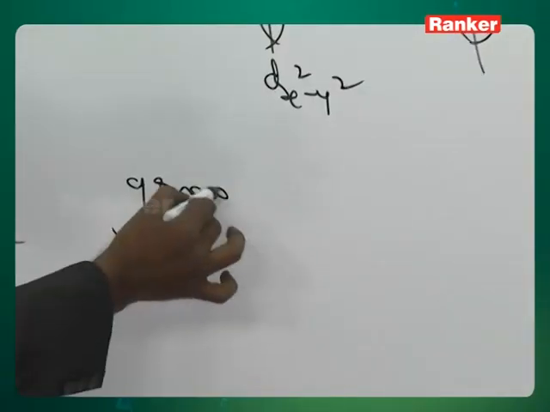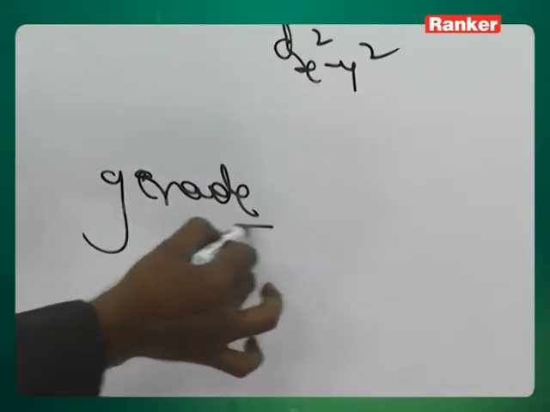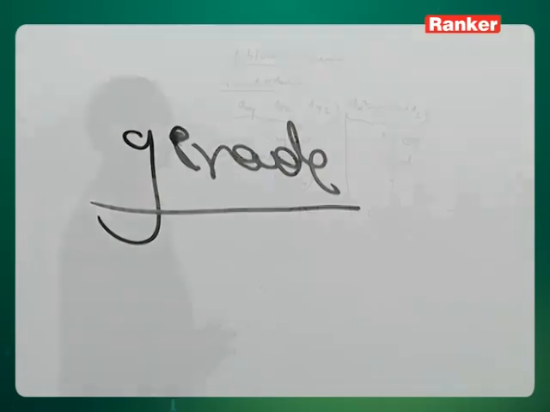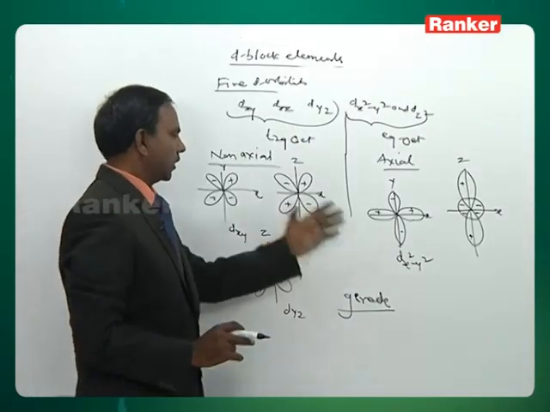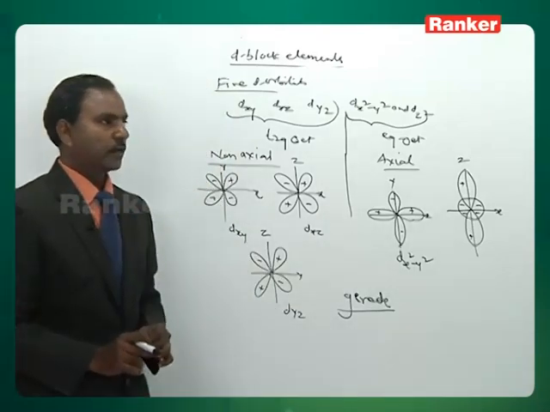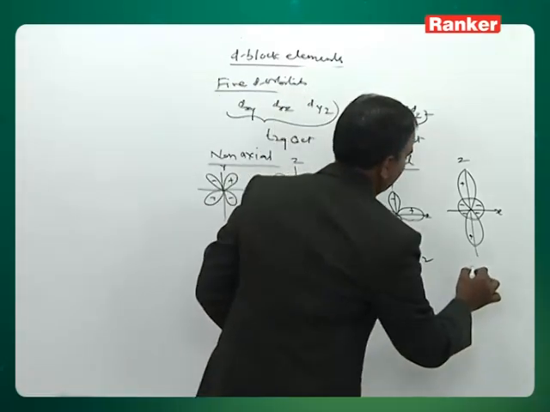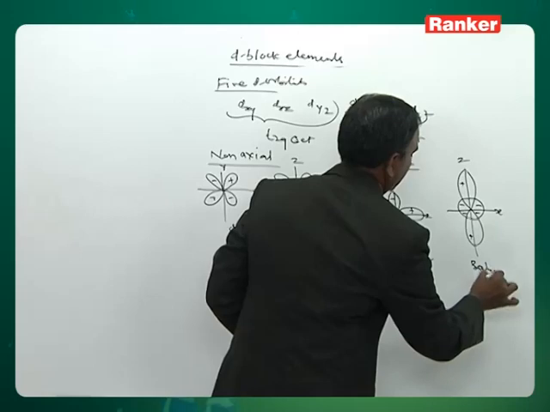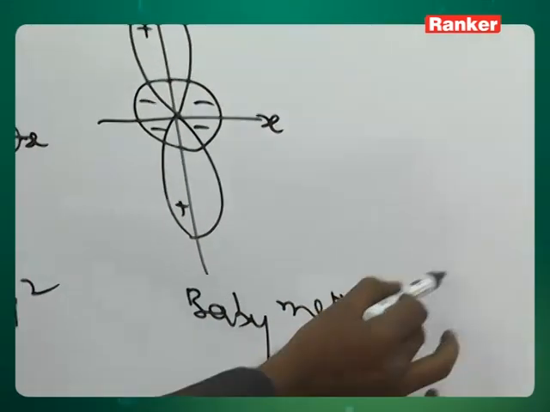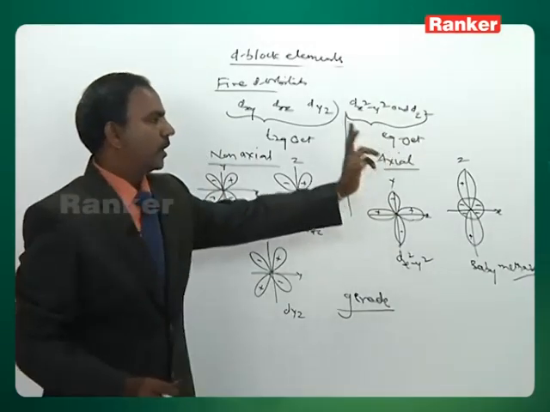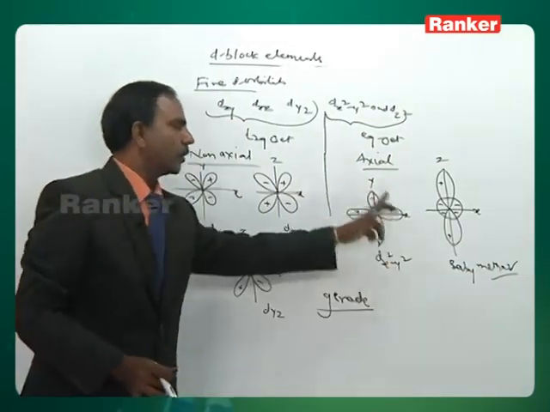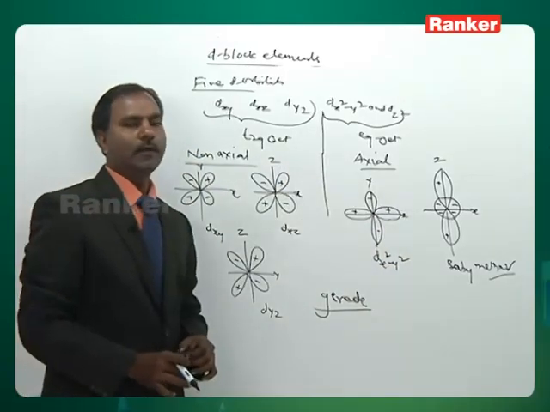Therefore they are symmetric. So all the d orbitals we can call gerade. Gerade means symmetric orbitals. Next, among the d orbitals, the dz square orbital is dumbbell in shape, and its shape we can also call baby-bottle in shape. Remaining all the orbitals are double dumbbell in shape.